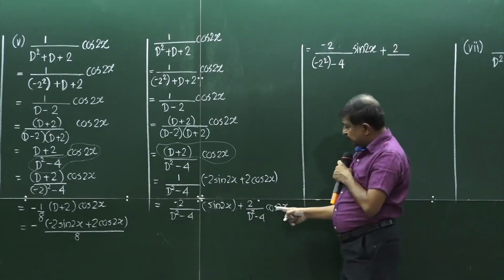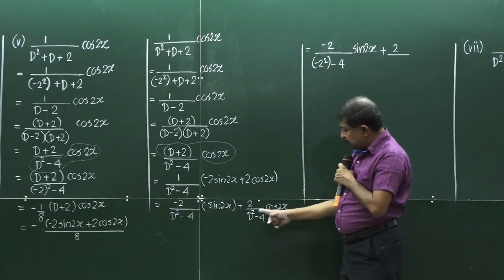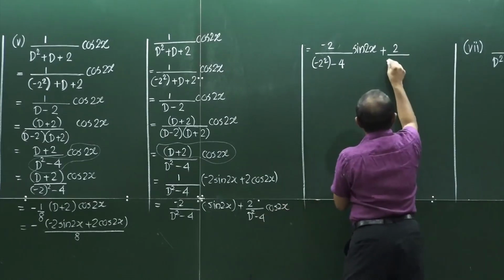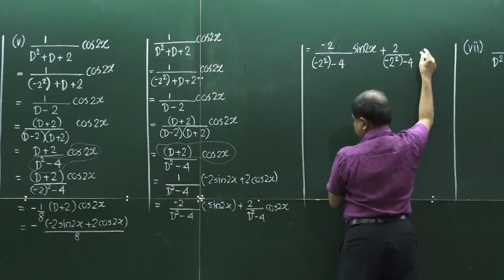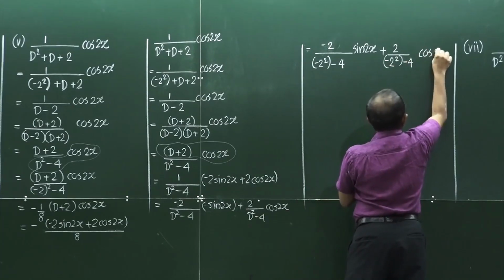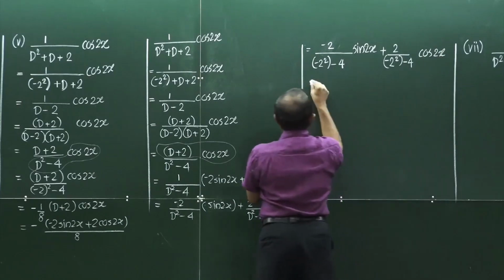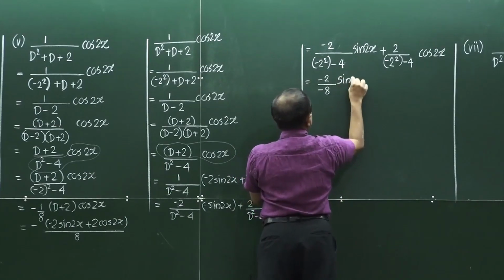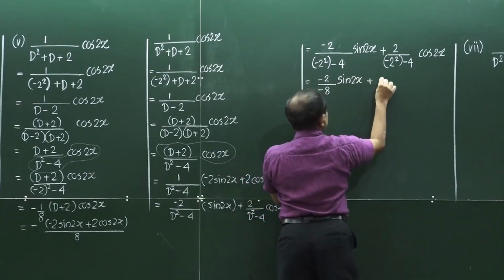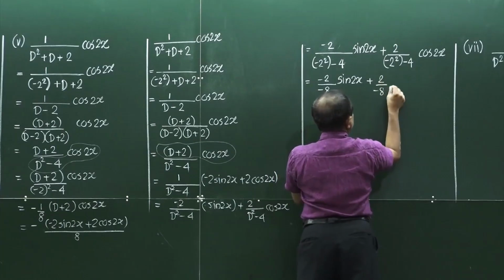If you apply the formula, you substitute minus 2 squared here. Now what would you get? Minus 2 over, this is minus 8. Two over minus 8.